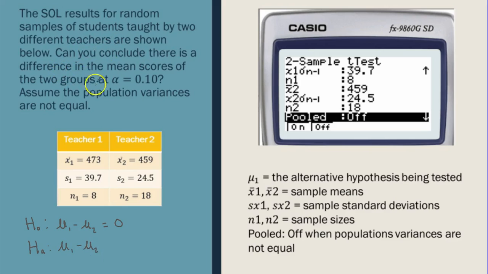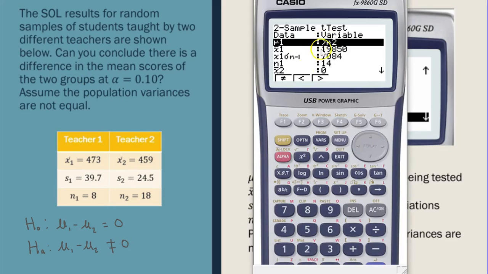All right, the question doesn't want us to say, you know, teacher 1 was better than teacher 2. It's just saying, is there a difference between the two? So our alternative hypothesis is that the difference between the means is not 0. Okay, it could be anything, but if it's not 0, then that means there is a difference. Okay, so my alternative hypothesis being tested is that mu1 does not equal mu2.